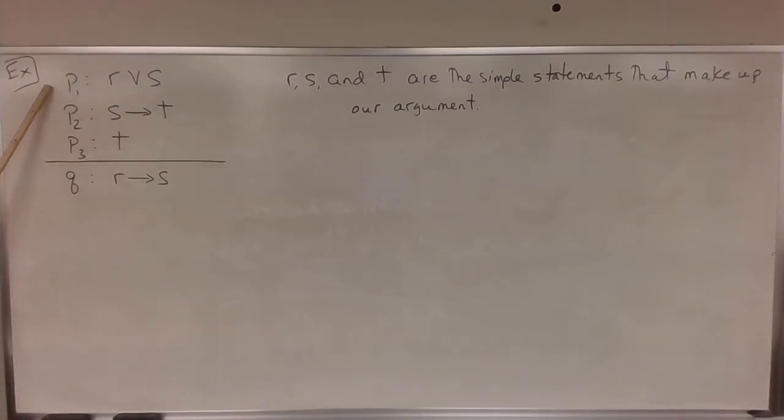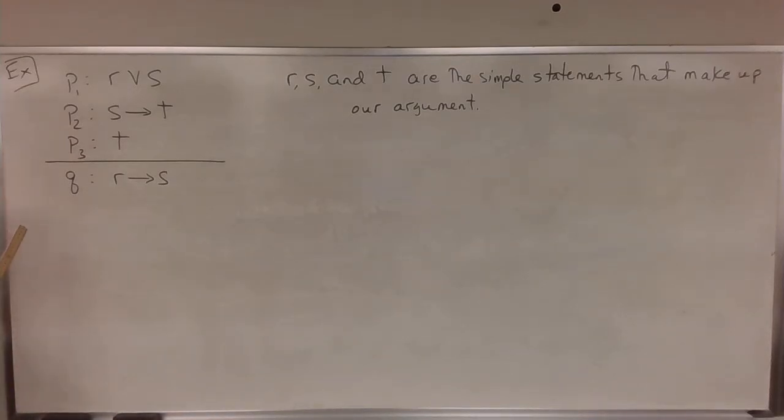P1, that's our first premise, and P1 is the statement R or S. P2, that's the second premise, and P2 is the statement S implies T. And P3, this is our third premise, and P3 is the statement T. Our conclusion Q is the statement that R implies S.